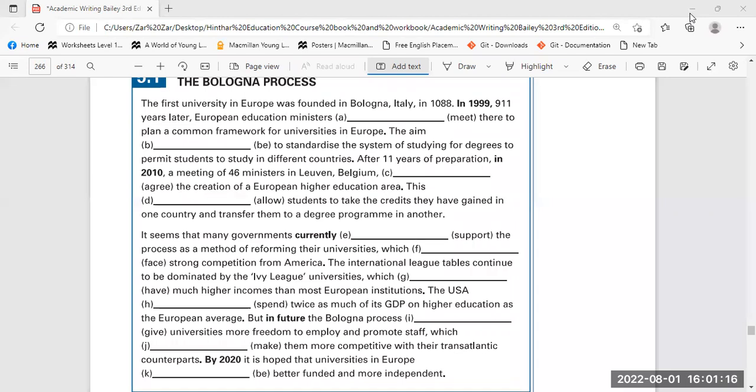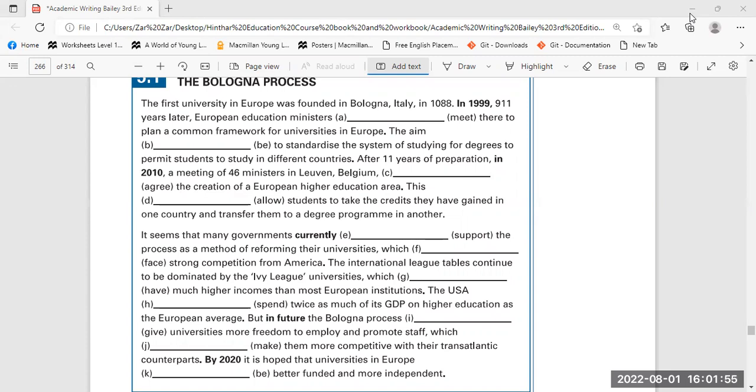Okay. Next one, let me check. The process as a method of reforming their university, which blank strong competition from America. It is also supposed to be "facing." Which are facing strong competition from America.